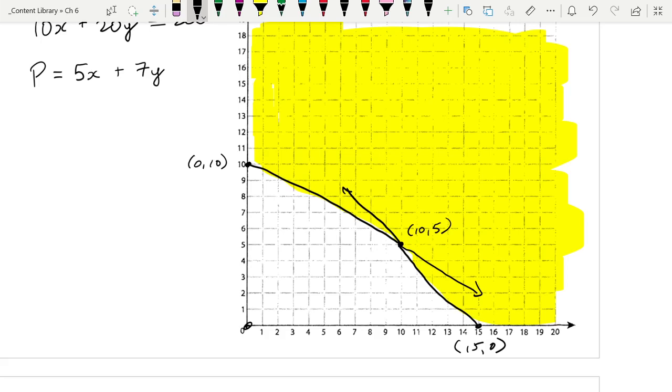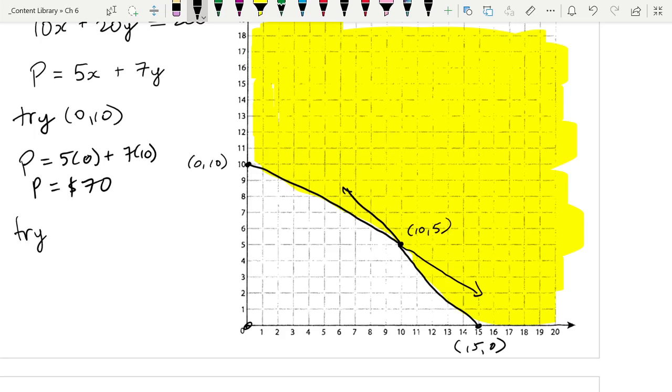I think I better try them. First of all, (0, 10). Run (0, 10) through this equation, and my profit is 5 times 0 plus 7 times 10, which is $70. Now I'm going to try (10, 5).